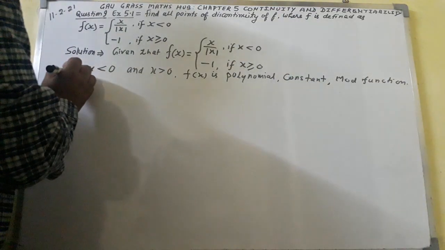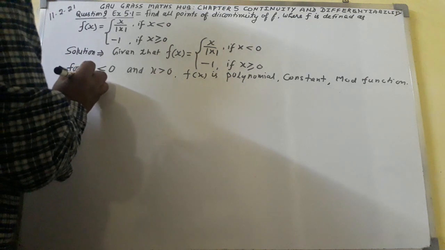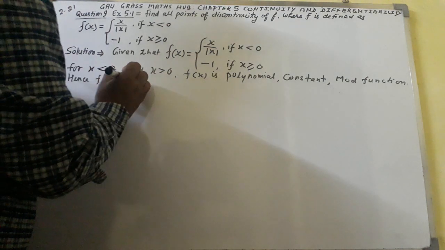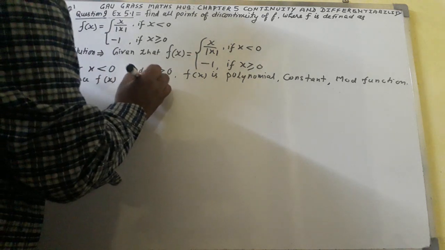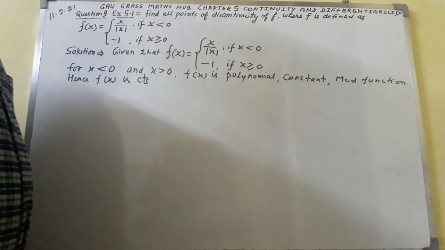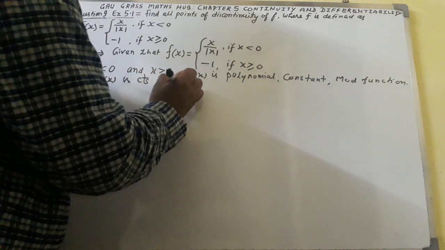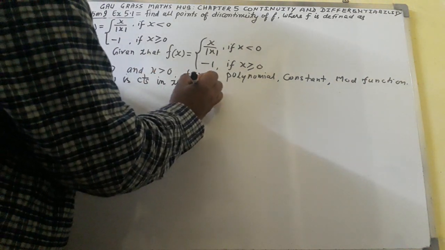Hence, f of x is CTS. CTS means continuous in the said interval.